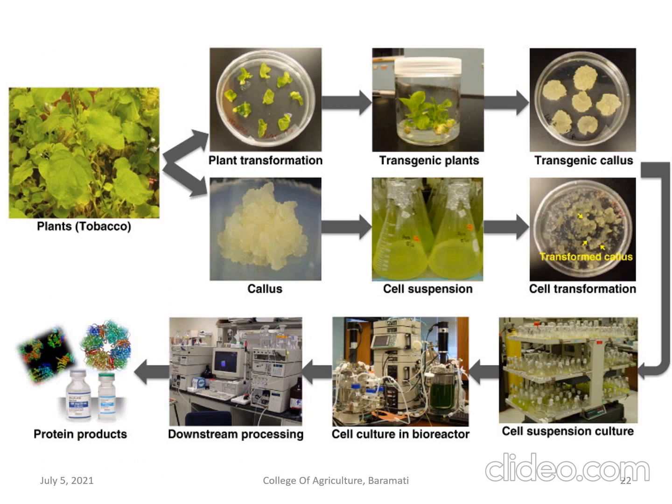So this is the schematic diagram of producing nicotine or tobacco secondary metabolites. You first collect the leaf explants, go for their callus generation, cell suspension culturing, scale up the cell suspension culture in a flask or bioreactor, and then downstream processing.